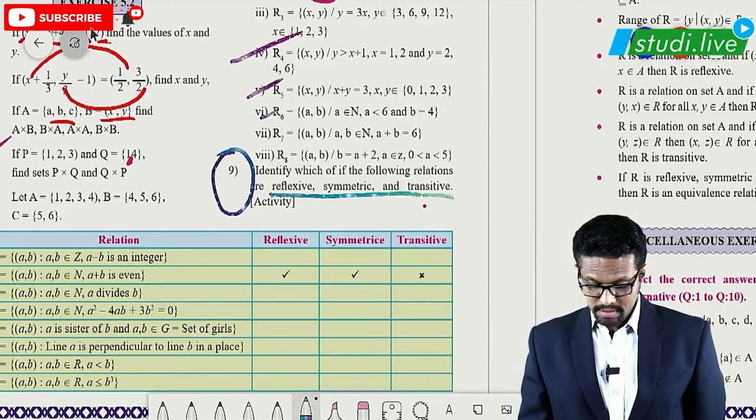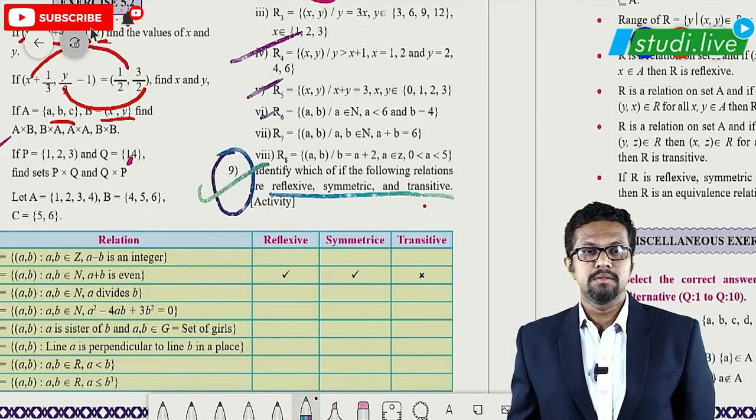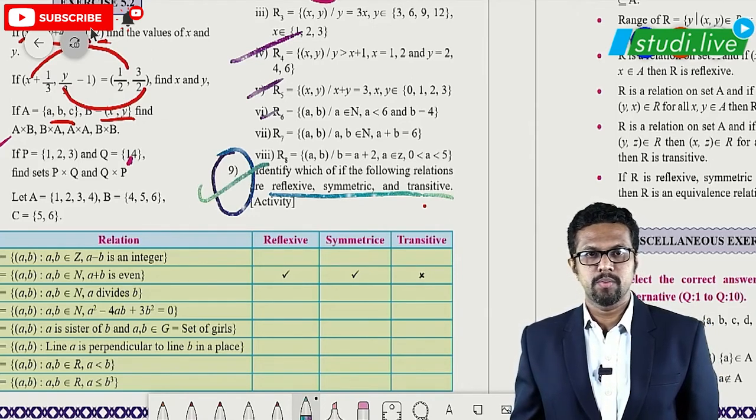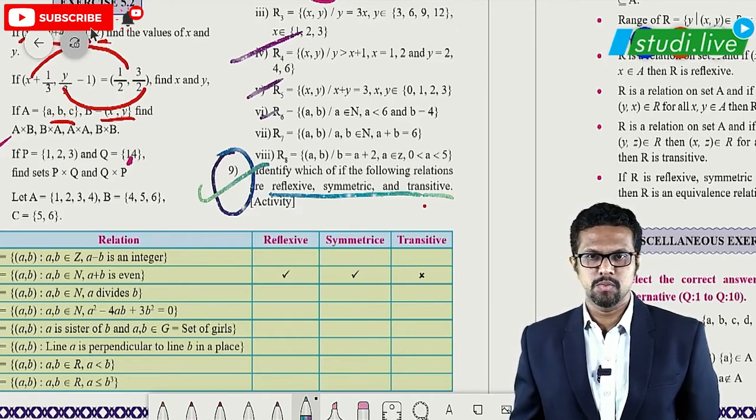So you should practice this question if you're trying to attempt the questions in your JEE. If you are just preparing for your college exams, the 9th question might not be asked. Mostly it is never asked.